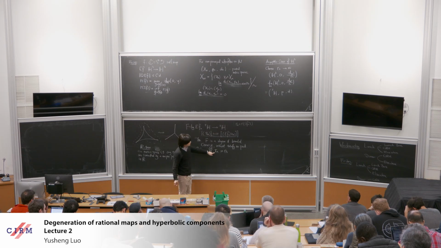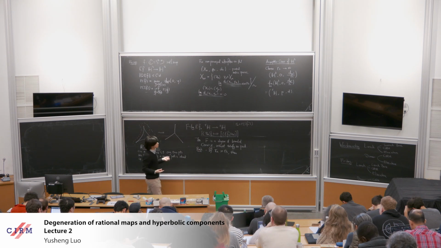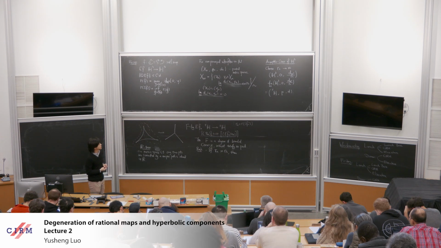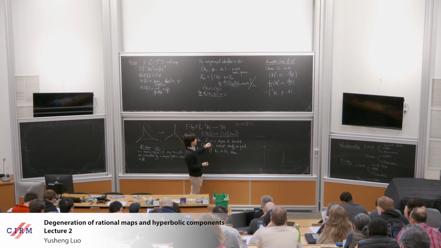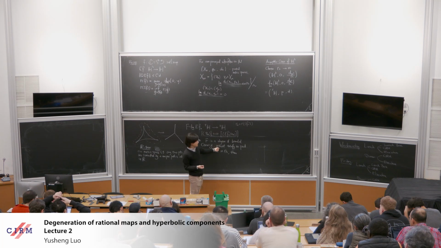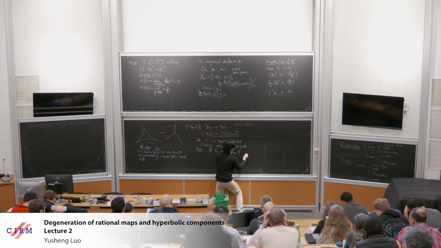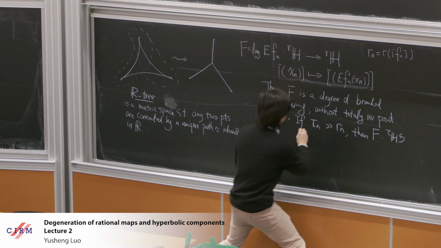If we choose a different scale, tau_n, which is much, much bigger than R_n, then we can still do the same construction because we have a uniform bound on the derivative. The map is still going to be well defined, and you still get some branched covering on the R-tree, on the asymptotic cone, but this f will have a totally invariant point.